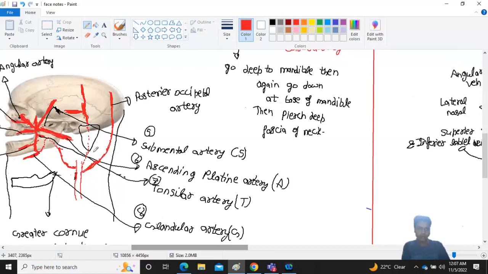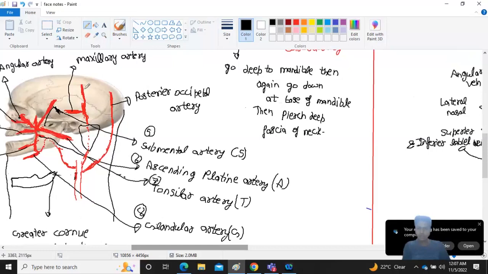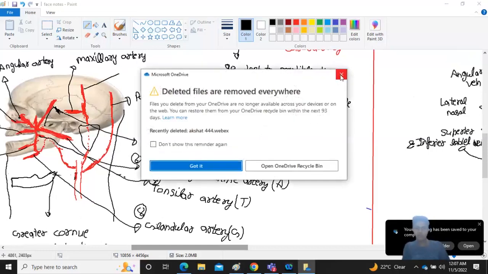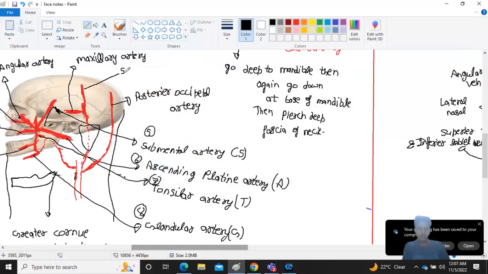We can say these are arteries. This is the maxillary artery, and this is the superficial temporal artery.